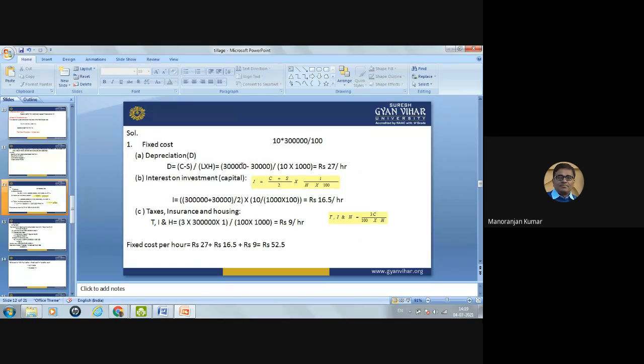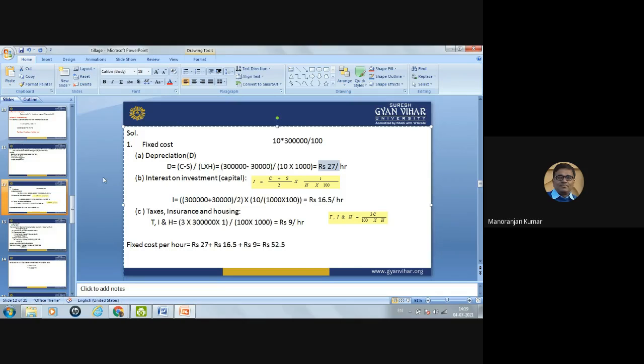So put all these values into this equation, and you will get the depreciation per hour. After calculation you will get 27 rupees per hour. This is the depreciation, meaning in 1 hour the value of this tractor will decrease by 27 rupees.